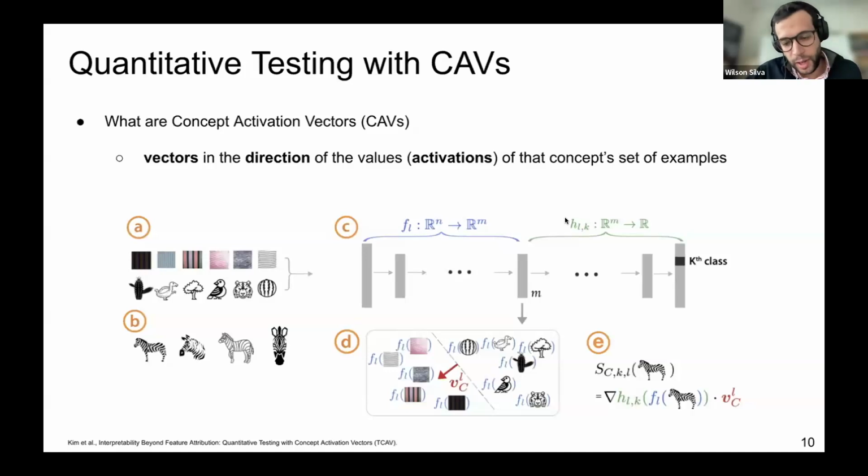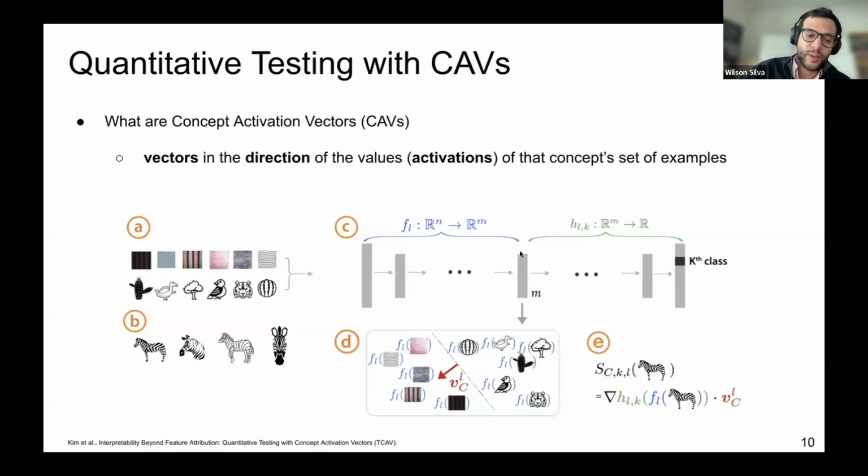So what we have is a deep learning model that was already trained. And what we need in order to understand if this concept is relevant to classify zebras is we need to collect sets of examples where we have this concept and where we don't have this concept. And then basically what we do is we pass both sets of images through the deep learning network that we already had.